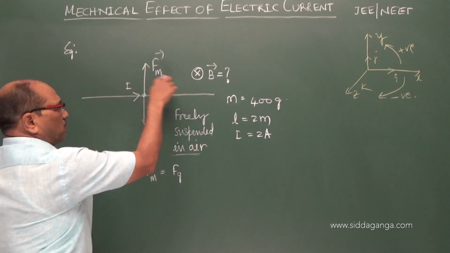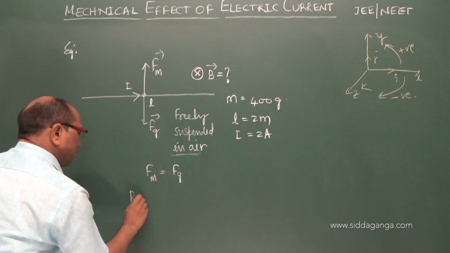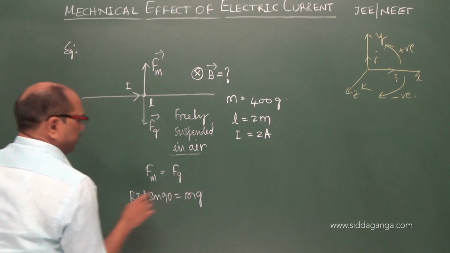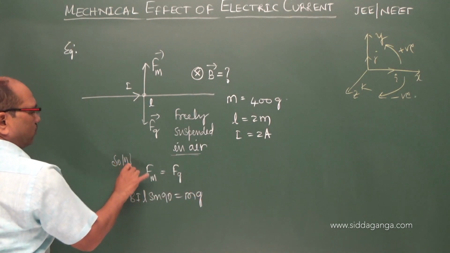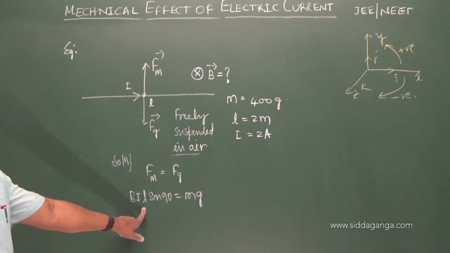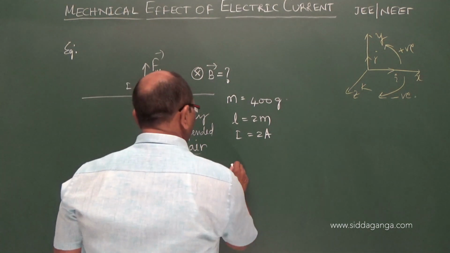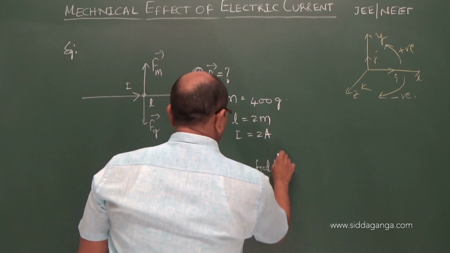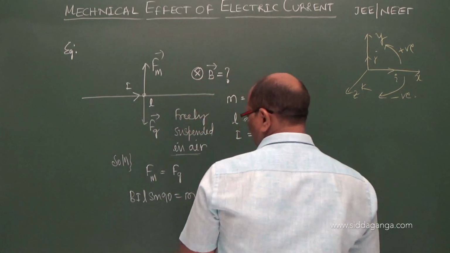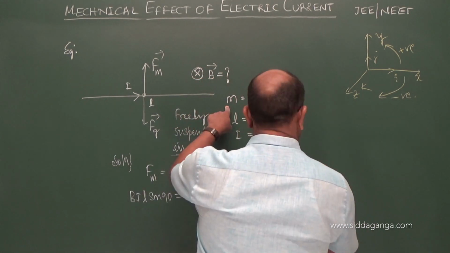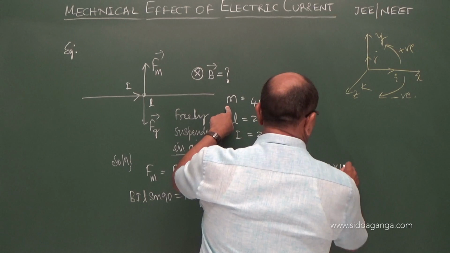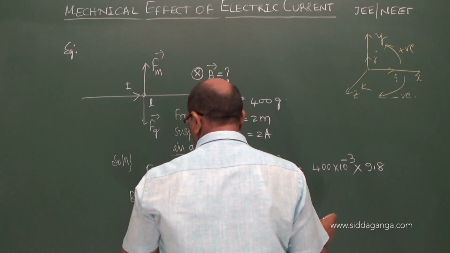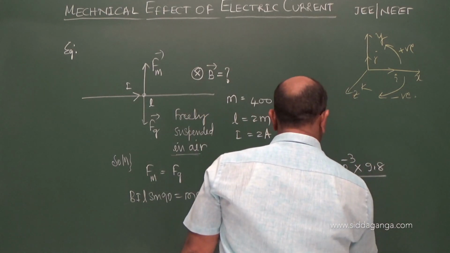B and I are perpendicular. Therefore, I can write BIL sin 90 equal to mg. I enter the solution part from this. Why I took this, I explained to you. So if you want the magnetic field strength B, it is mg upon IL, 400 into 10 power minus 3 kg into 9.8 upon 2 into 2.